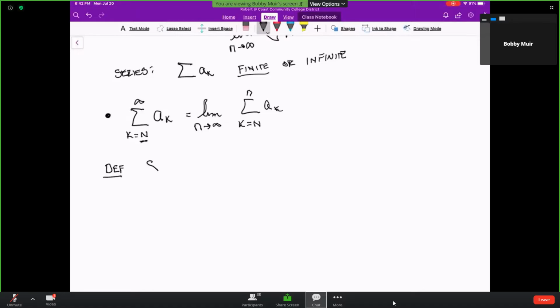We call S sub n, which is the sum with k starting at some number i and going up to n of this a sub k, the nth partial sum.